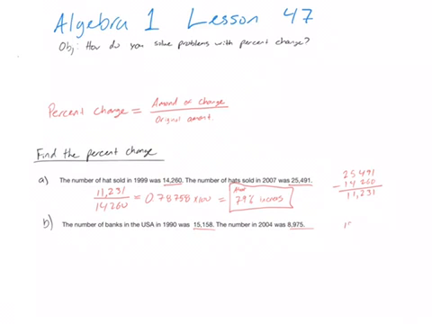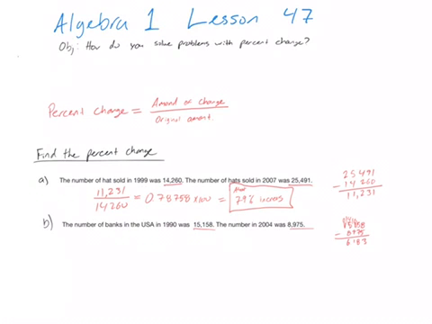I'm going to say the bigger number, 15,158 minus 8,975. So it changed 6,183 banks.